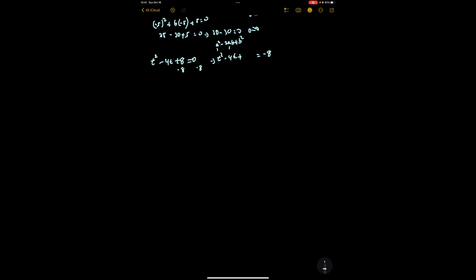2 times a is equal to 2, and we here have 4t. So that means what? What number would you multiply by 2 to get 4? It would be 2. So that means b is equal to 2. So 2 times 1 times 2 equals 4. So b squared is going to be equal to 4. And I'm going to add 4 on both sides as well.